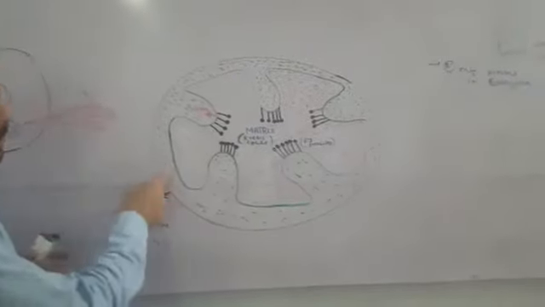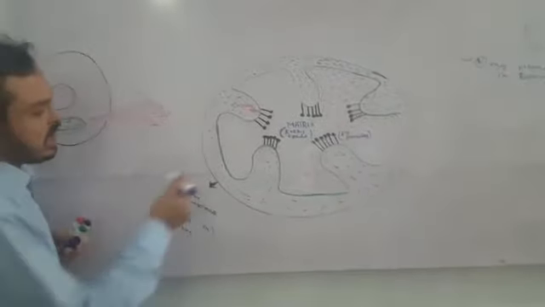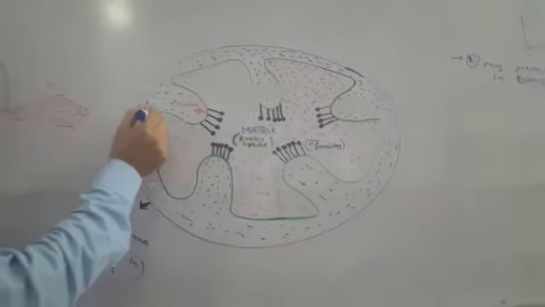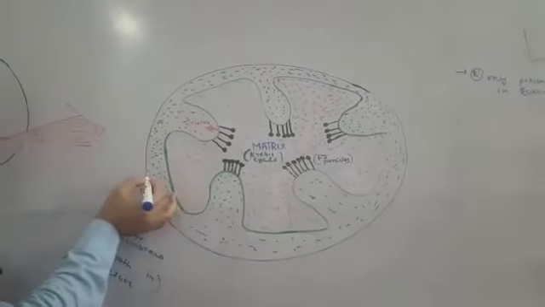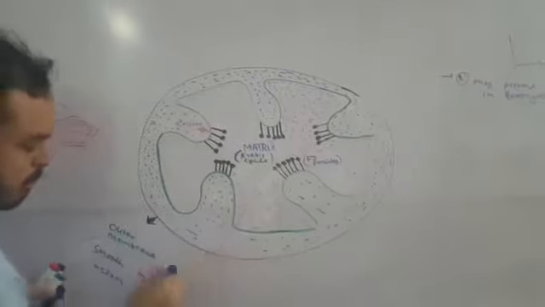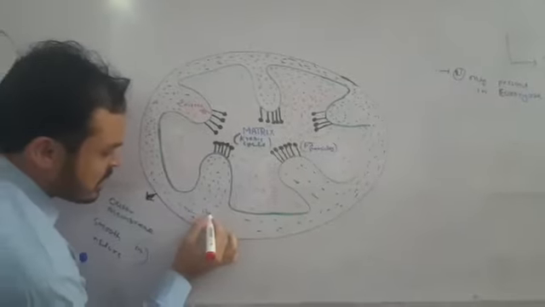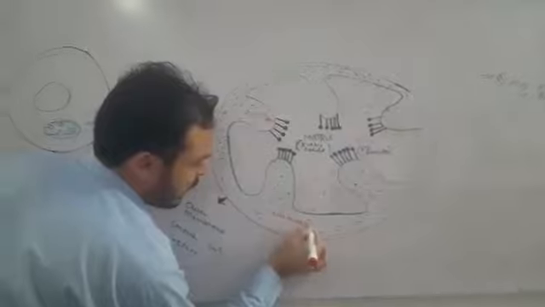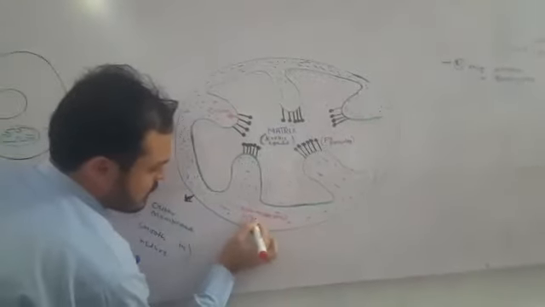Now there is another space present between the outer and inner membrane of the mitochondria, and this space is called the intermembranal space.